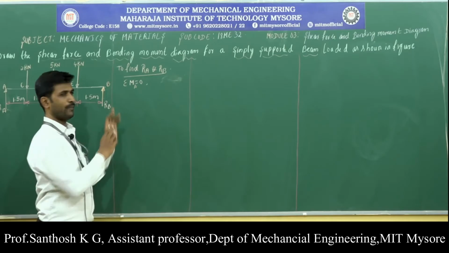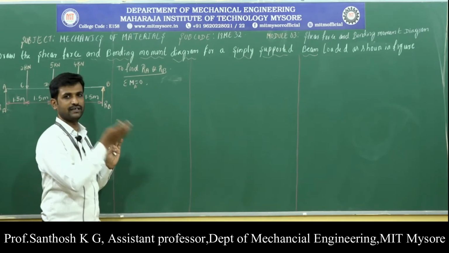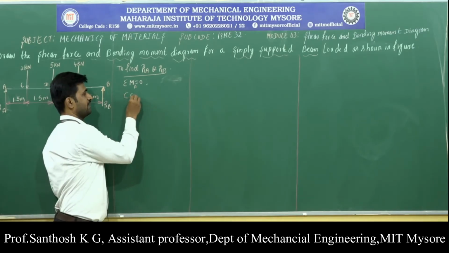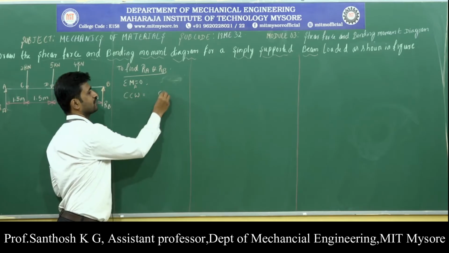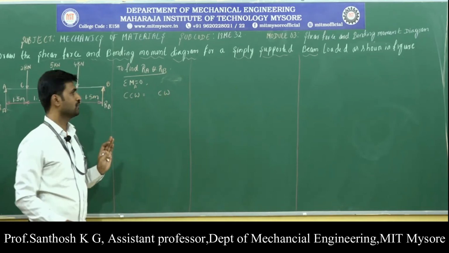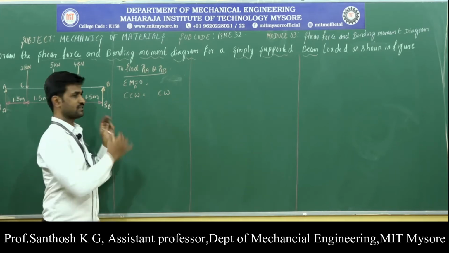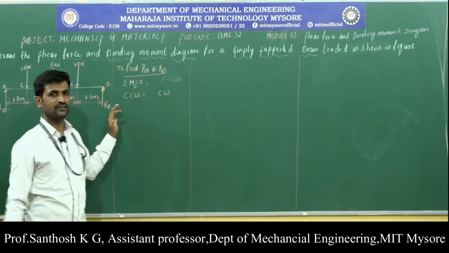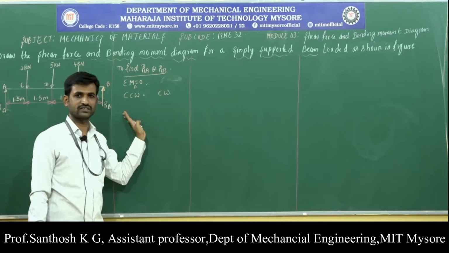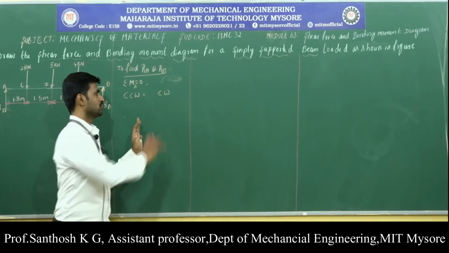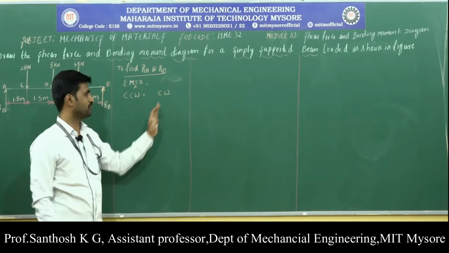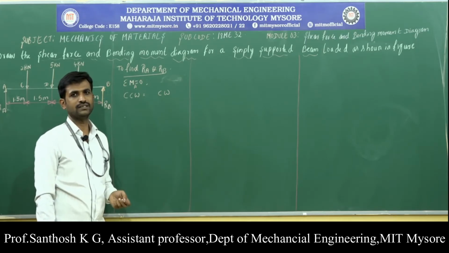We know that the moments can be either counterclockwise or clockwise in nature. So if the body is under equilibrium, then the summation of the moments creating counterclockwise couple should be equal to the summation of the moments creating clockwise couple.